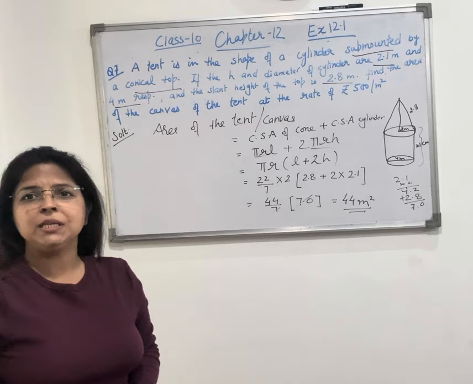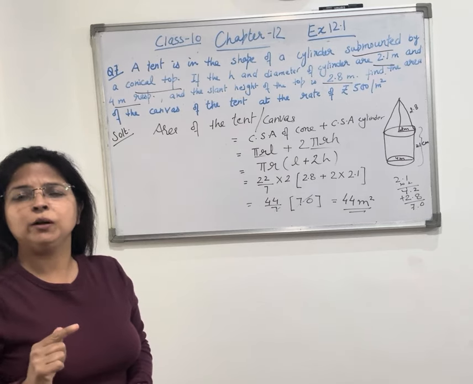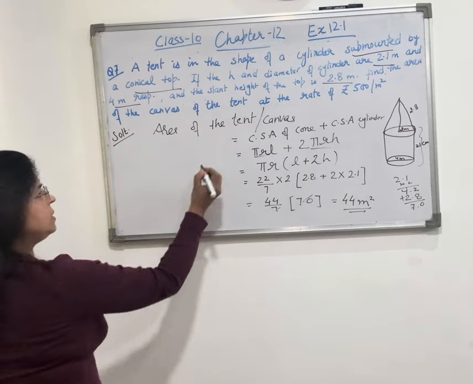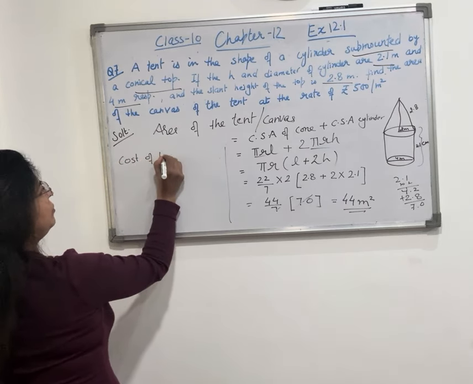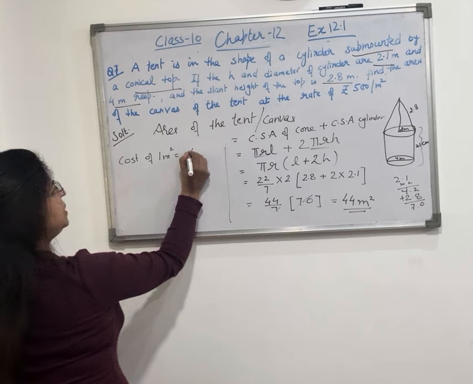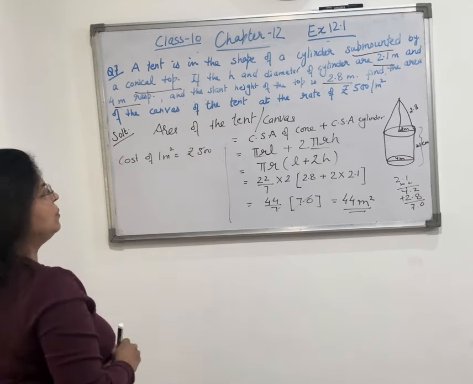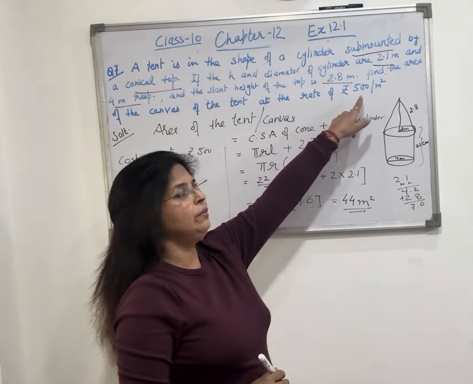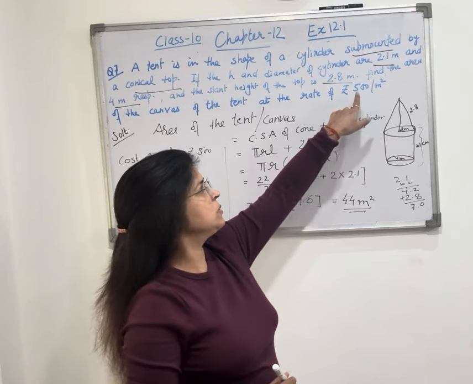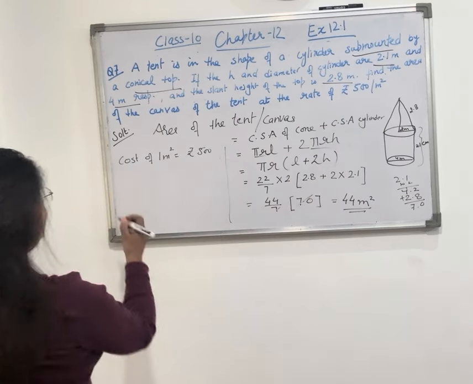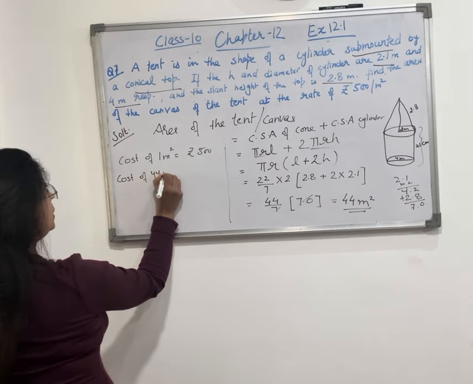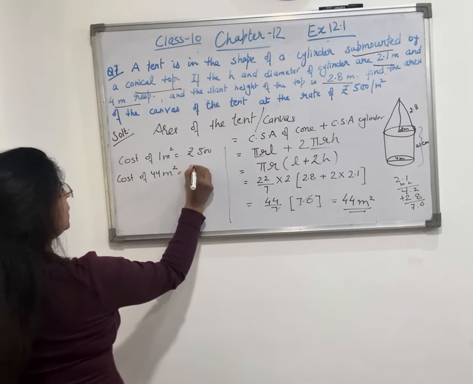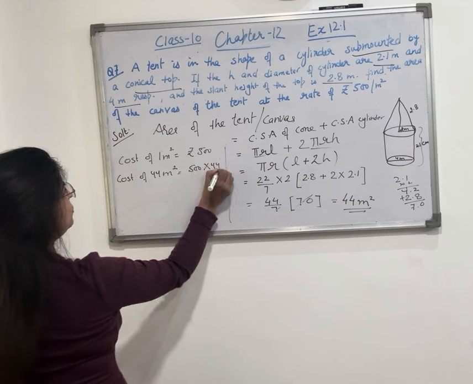At the rate of rupees 500 per meter square means we have to find out the cost. So cost of 1 meter square is rupees 500 because it is given at the rate of 500 per meter square, means for 1 meter square the cost is rupees 500. So cost for this much area, that is 44 meter square, will be 500 into 44.